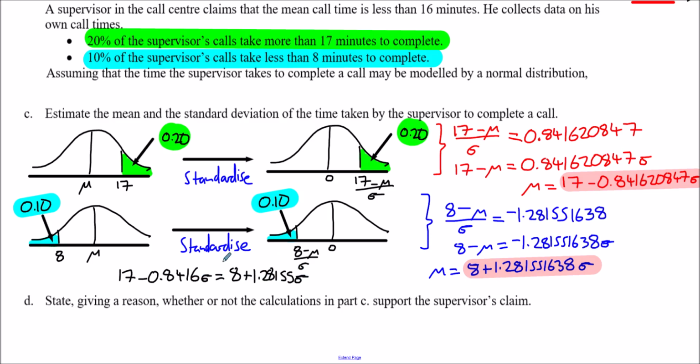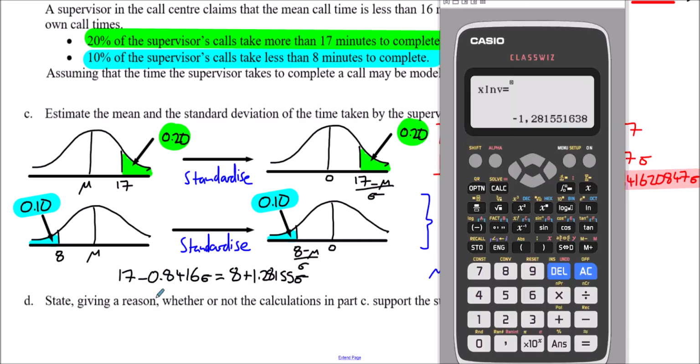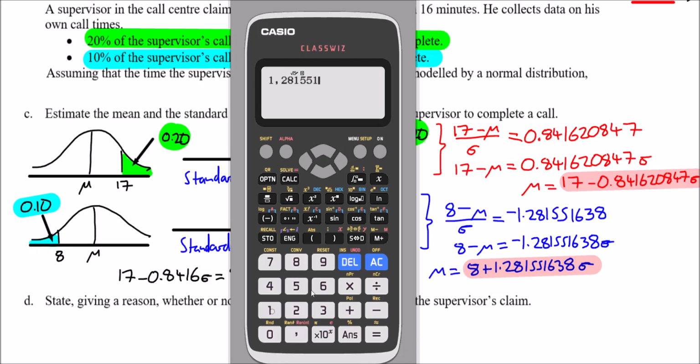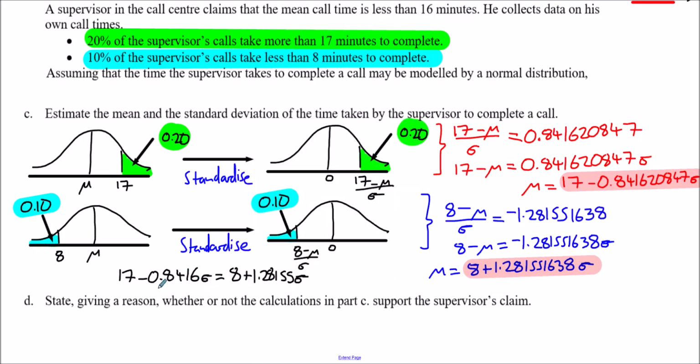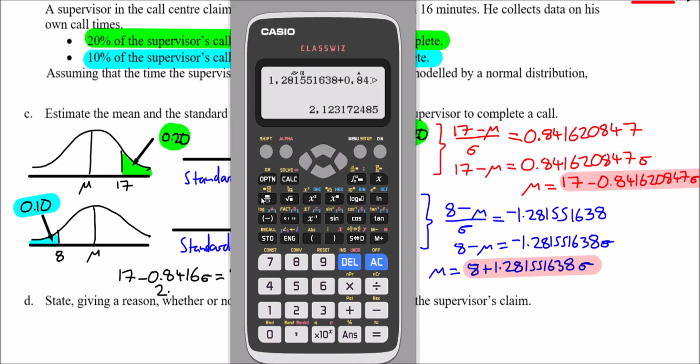So if we rearrange, if I add this to both sides of the equation, I'm going to take the 1.281551638 and add on to this for 0.841620847, and I get 2.123 and so on.